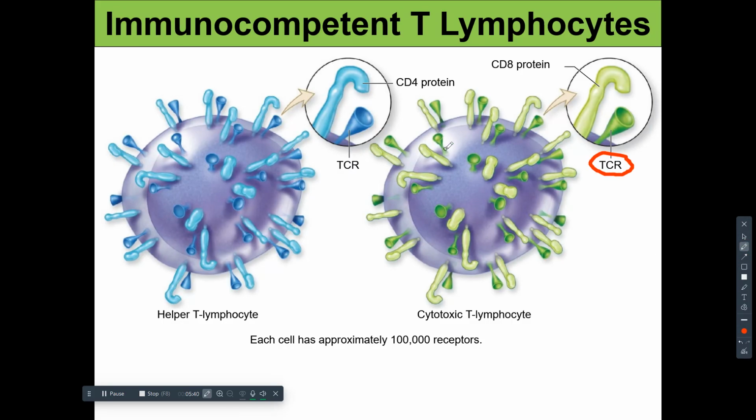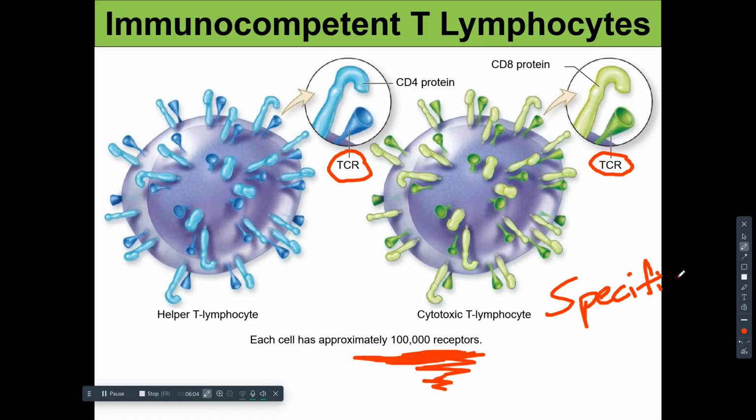There'll be maybe 100,000 copies of a T cell receptor on the T cell. But that T cell receptor doesn't respond to any old random foreign thing, but to a specific foreign antigen.